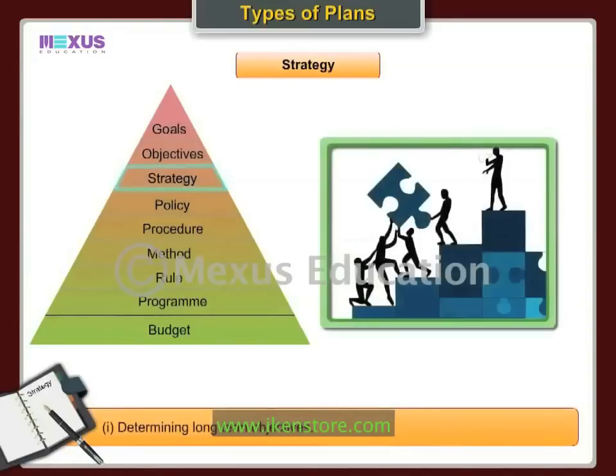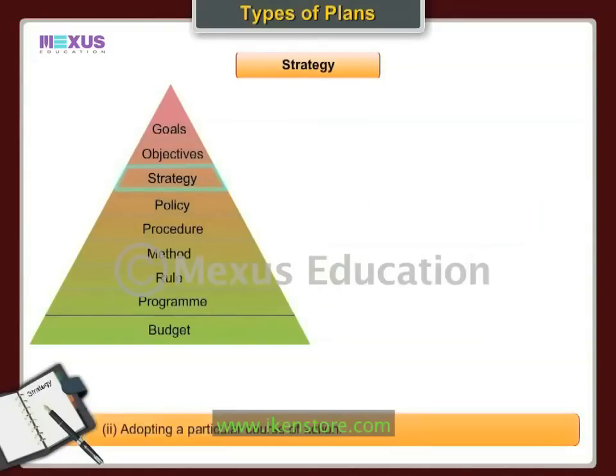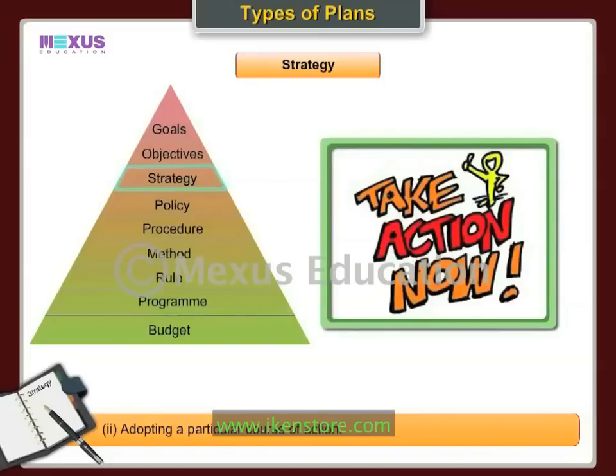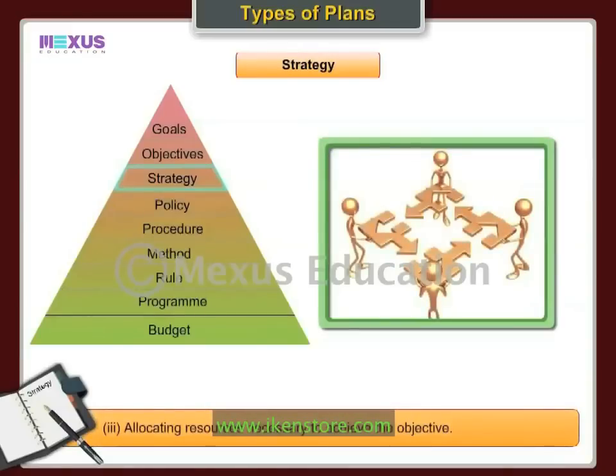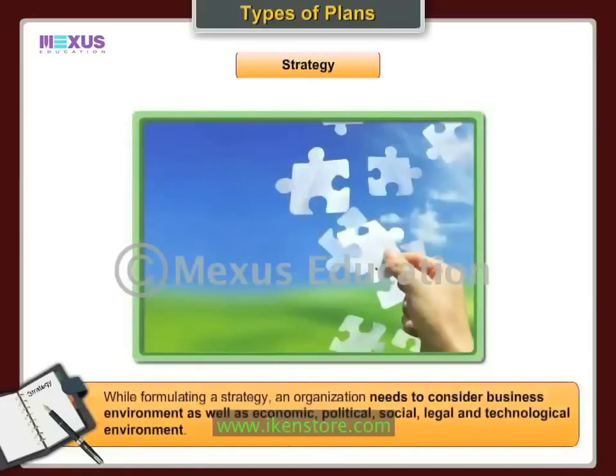First, determination of long-term objectives. Second, adoption of a particular course of action. And third, allocation of resources necessary to achieve the objectives. While formulating a strategy, an organization needs to consider business environment as well as economic, political, social, legal, and technological environment.